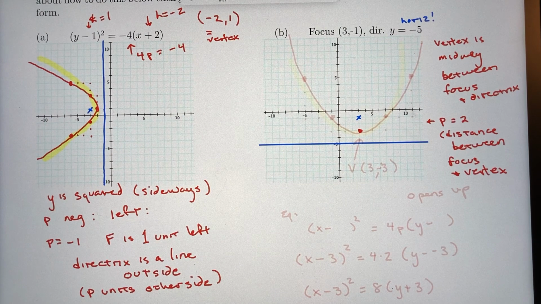And since the parabola curls around the focus, it's going to be opening up. Again, that's just a rough idea. So it opens up.